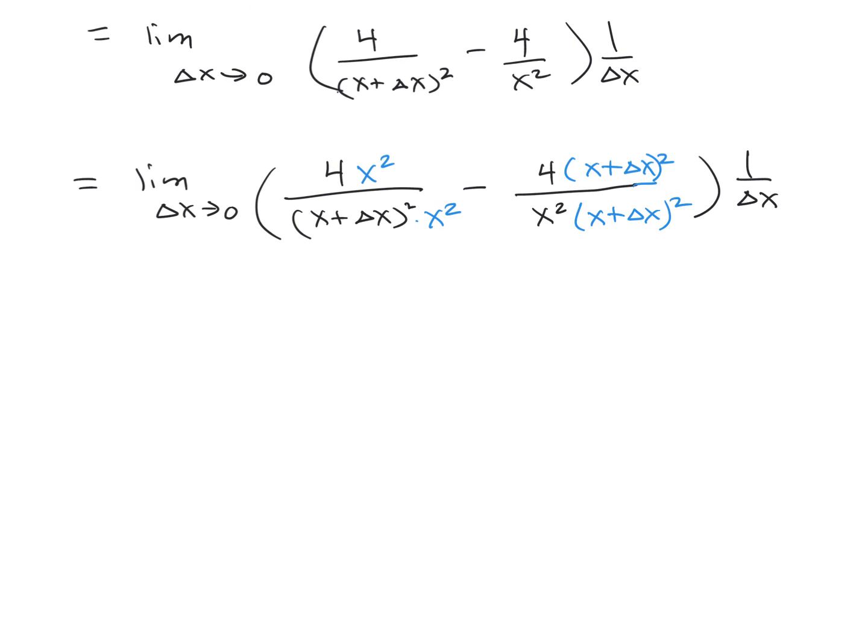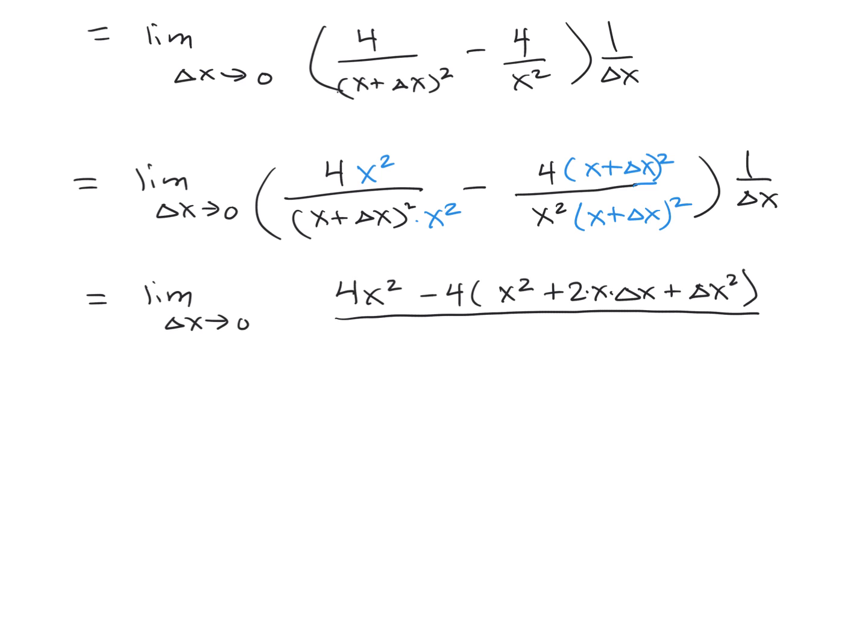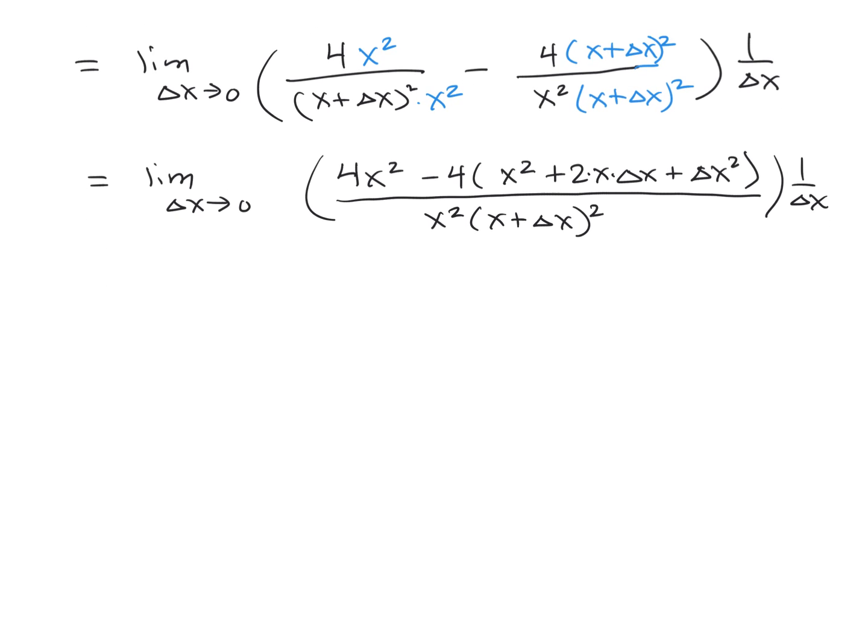So now we'll go through and multiply this out. So our 4x squared is going to stay a 4x squared, but now we're going to have minus 4, and we have to multiply out. So we're going to have an x squared plus 2 times x times delta x plus delta x squared over top of the product, x squared times x plus delta x squared, and still times a 1 over delta x.